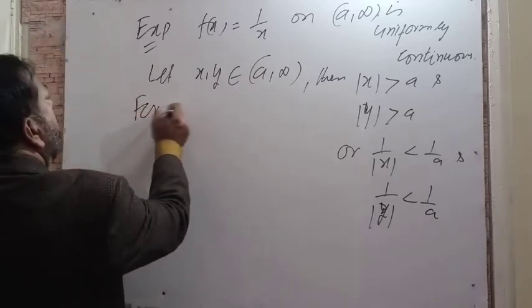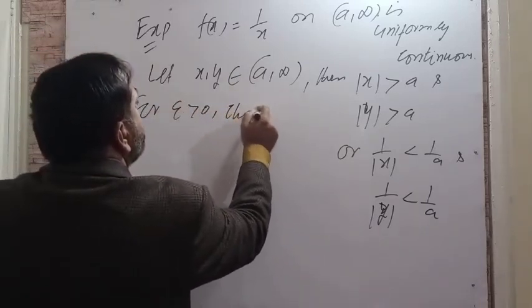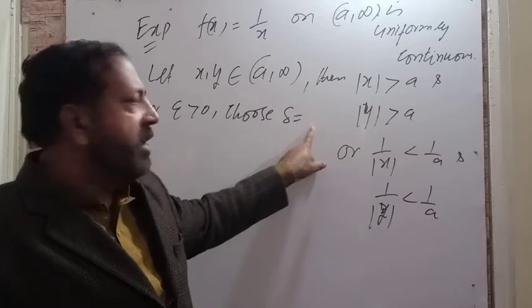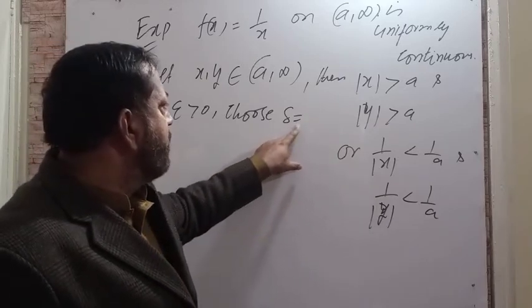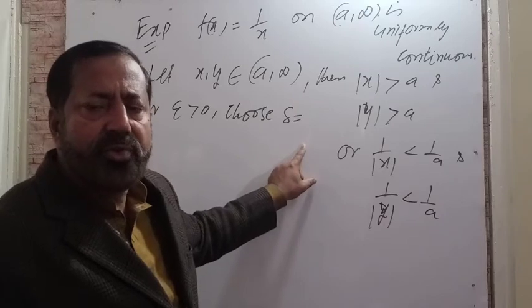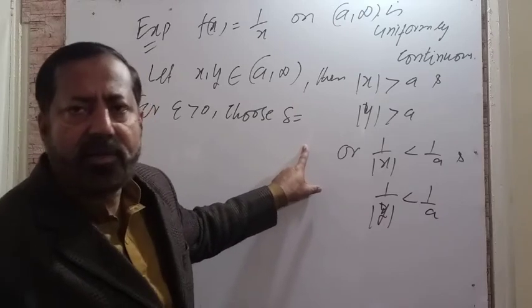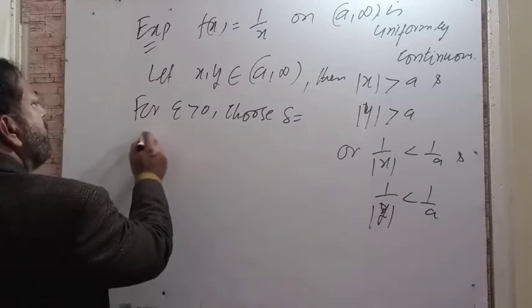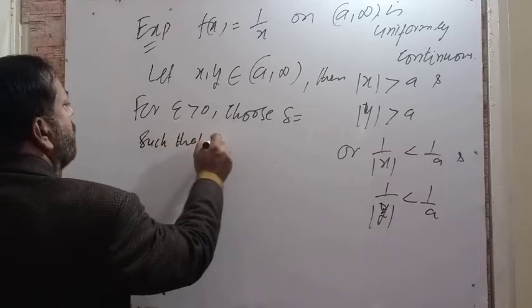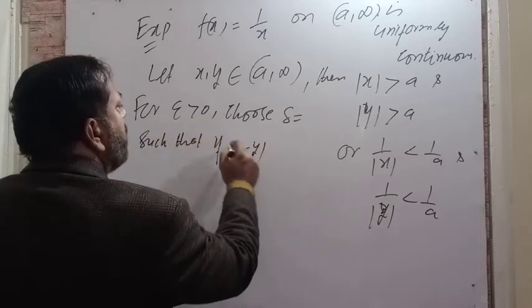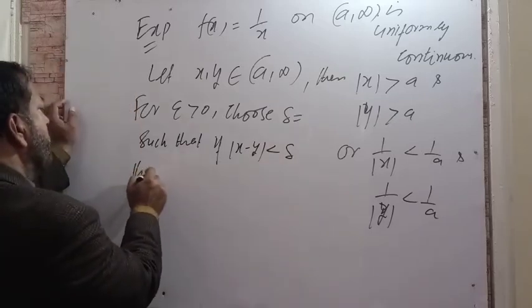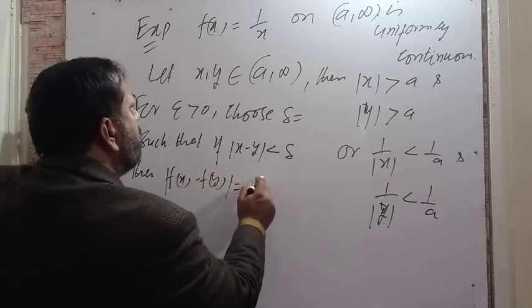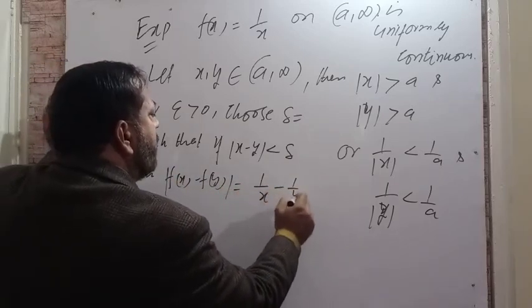So for epsilon positive, choose delta equal to what? Now I am leaving this step because after finding |f(x) minus f(y)|, I have to decide how much delta value I should choose so that the definition of continuity is satisfied. Delta is equal to, such that if |x minus y| is less than delta, then |f(x) minus f(y)| is equal to |1 over x minus 1 over y|, right?